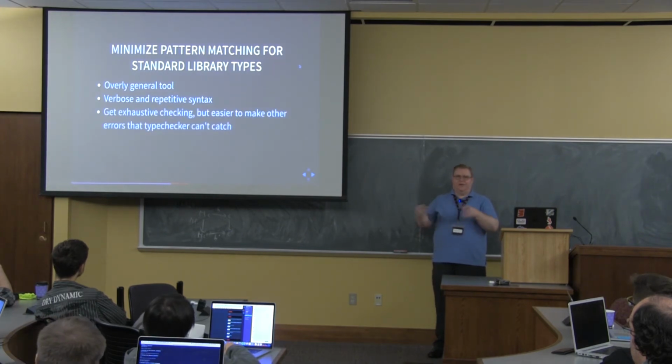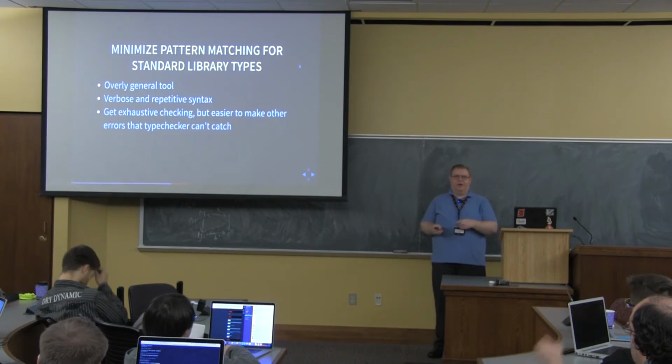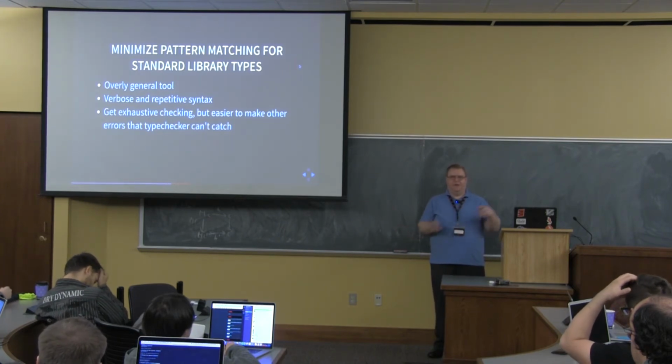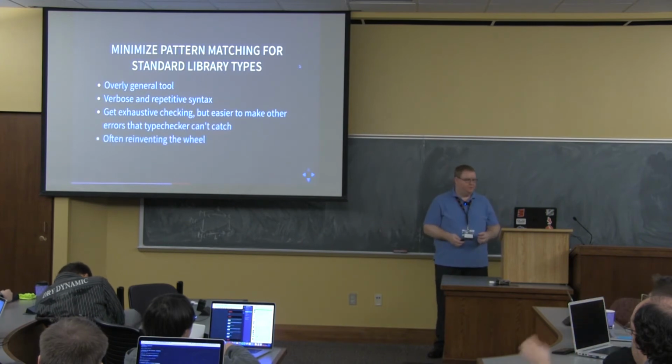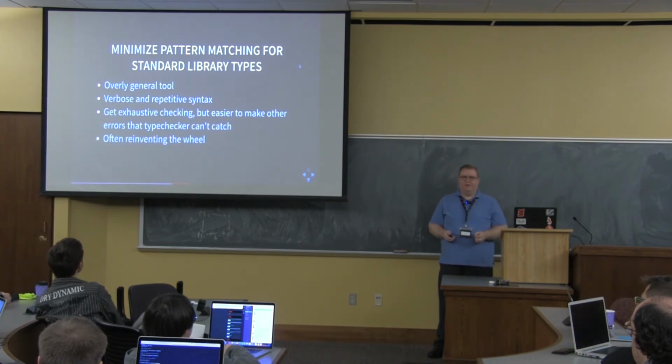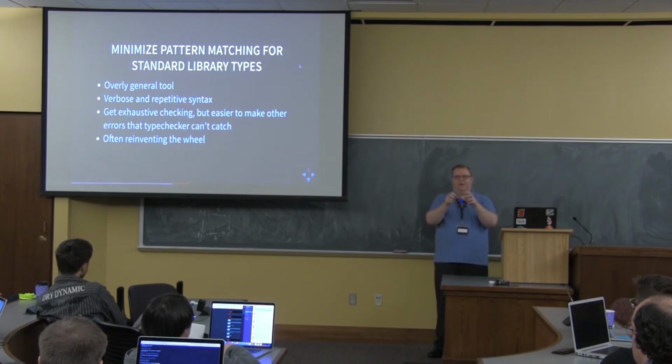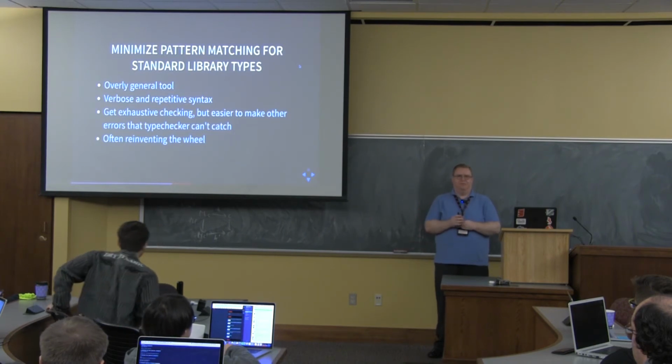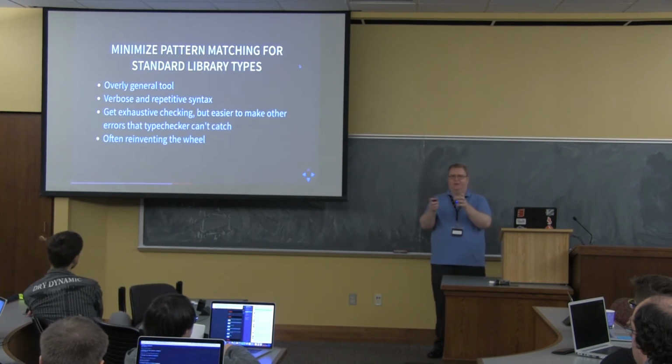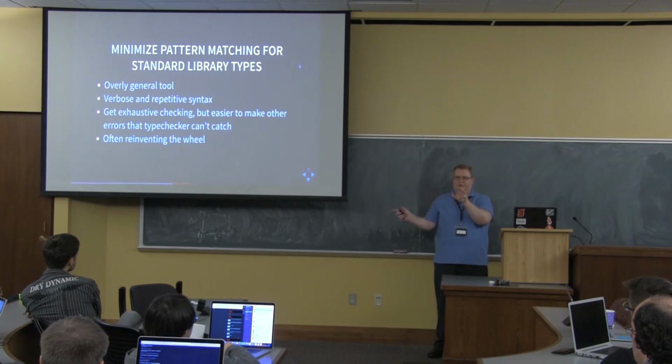You do get the exhaustive checking for some types, but there are other kinds of mistakes you can make that the type checker can miss. And you're often reinventing the wheel. That type might already have a function available that you're reinventing. I see sometimes people, for example, pattern matching on an option, where they could do something like a get or else that will accomplish the same thing.